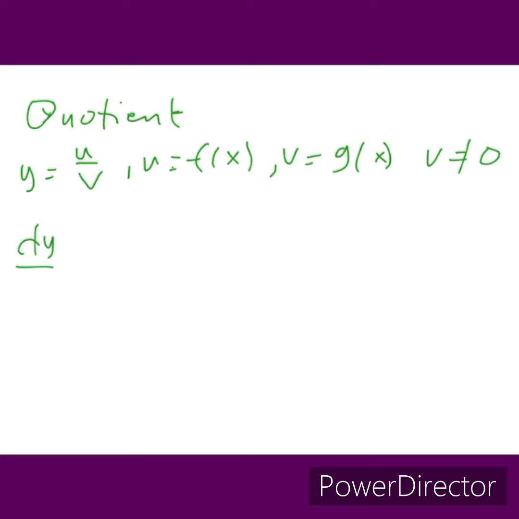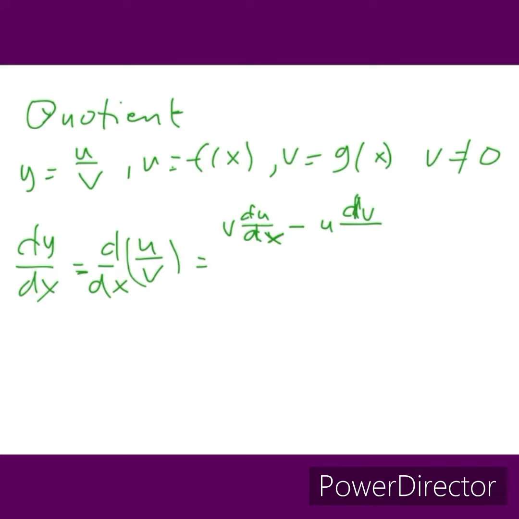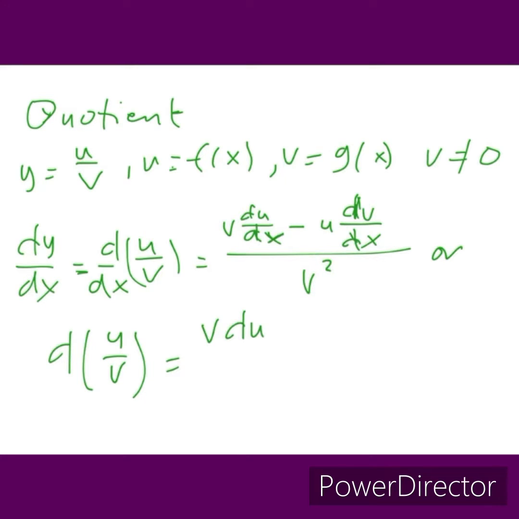And then we have the derivative of y with respect to x is equal to the derivative of u over v is equal to v times the derivative of u minus u times the derivative of v over v squared, or d of u over v is equal to v du minus u dv over v squared, or v times the derivative of u minus u times the derivative of v over v squared.